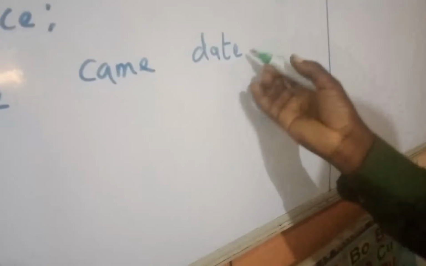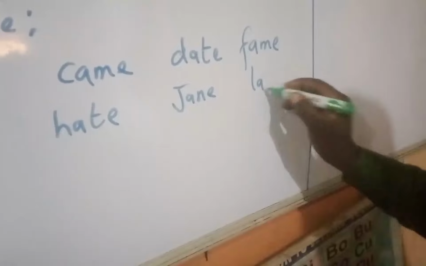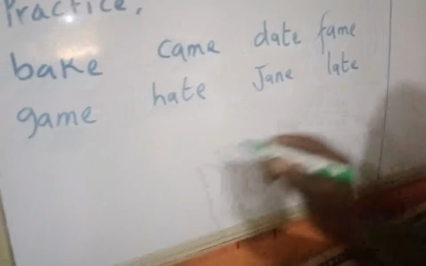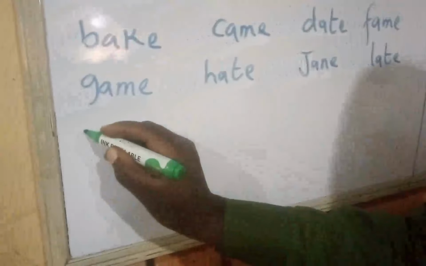Now this is what? Gay. Join this, game. This is A as in 8. This is what? J as in Jane. Okay, and this is Le as in late. This is May as in maid.